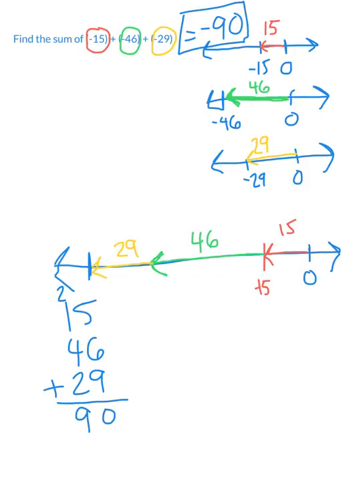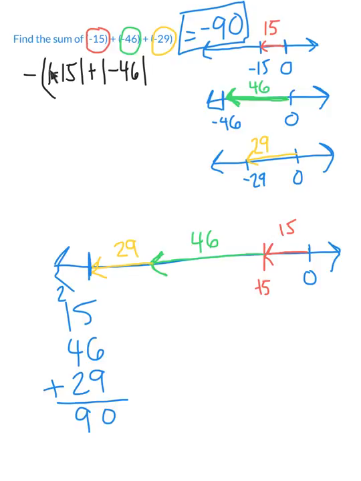A kind of fancy way to write this is I know that my number is going to be negative since I'm stacking all of these negative numbers on top of each other. So I'm going to have my negative, and then I'm going to put inside of parentheses the absolute value of negative 15 plus the absolute value of 46.